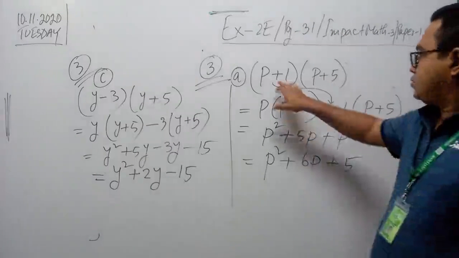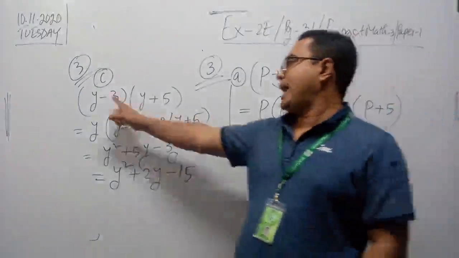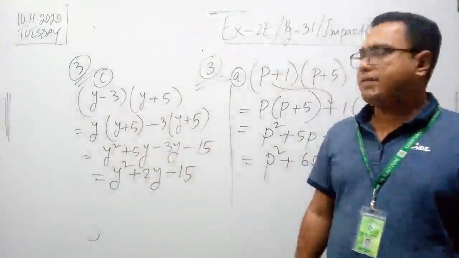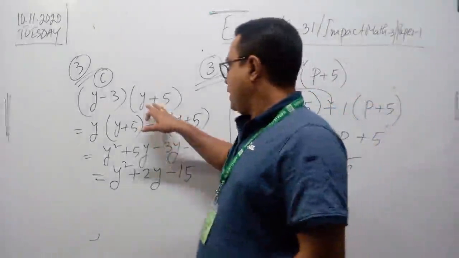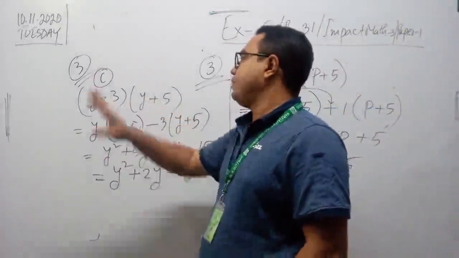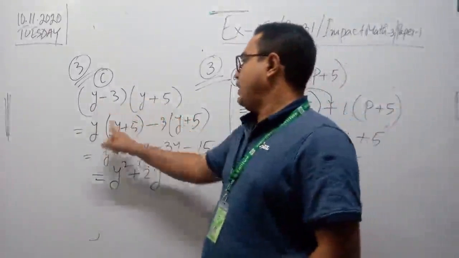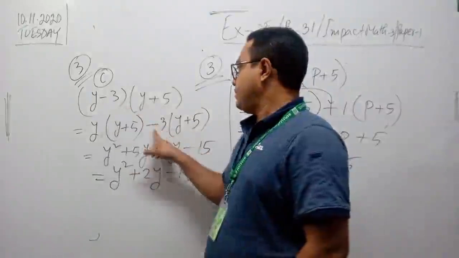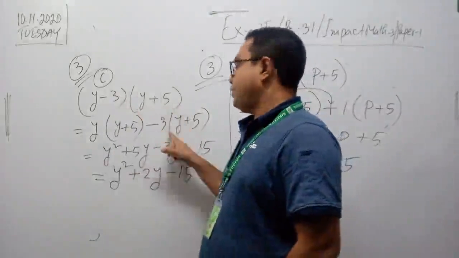But here both signs are plus signs, and here we have a minus sign. For a minus sign, the calculation is a little bit different, but not a very difficult thing. We are distributing now y plus 5 into y minus 3. First of all, y into this y plus 5, then minus sign put here, then y plus 5 will be multiplied with 3 here.